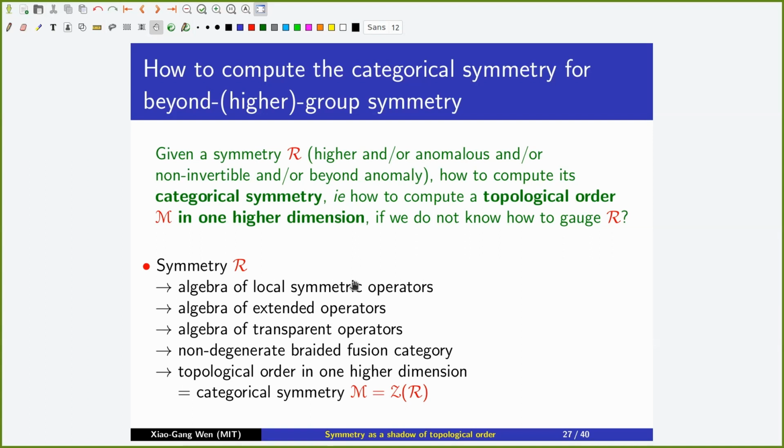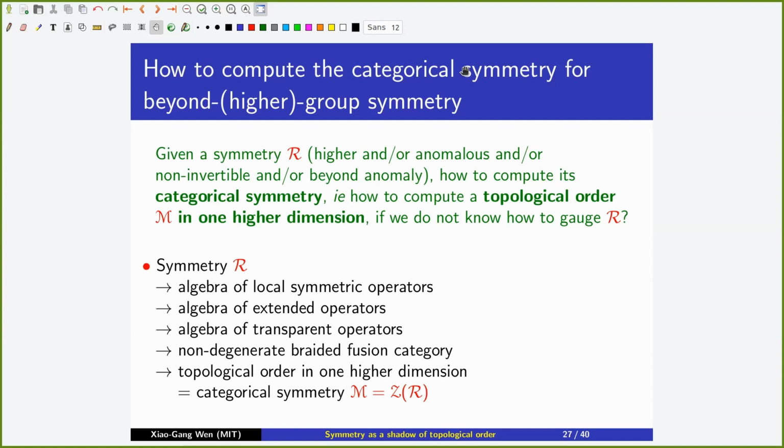From this algebra, we should recover the symmetry, and we should recover this categorical symmetry, which means we should recover the topological order in one higher dimension. How do you compute operators in a topological order in one higher dimension from the operator algebra? How do you do that?